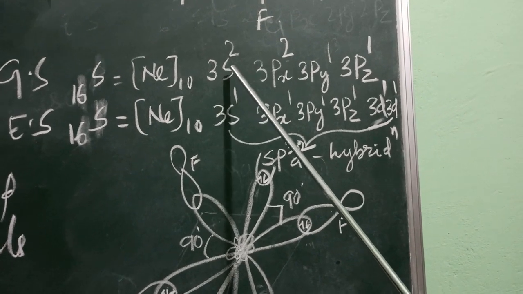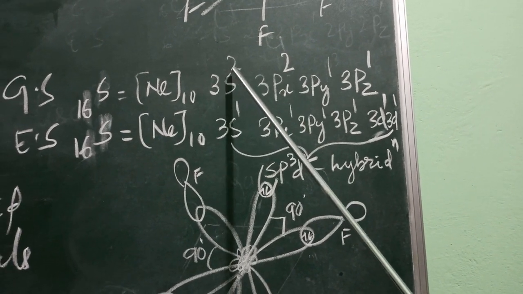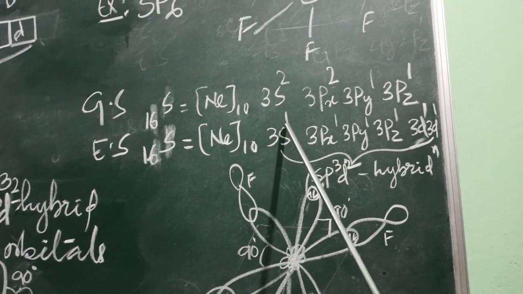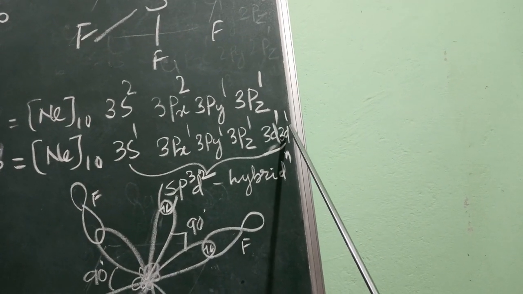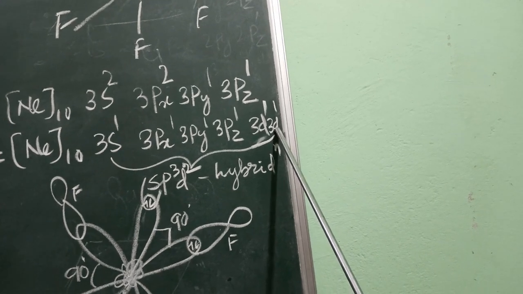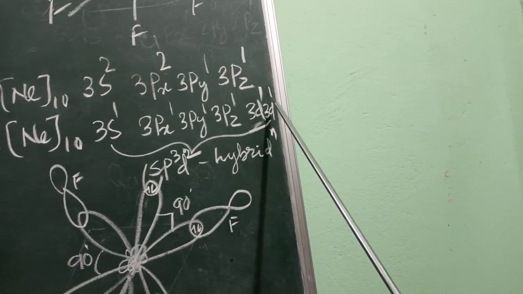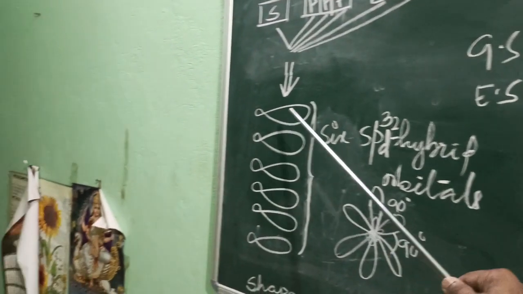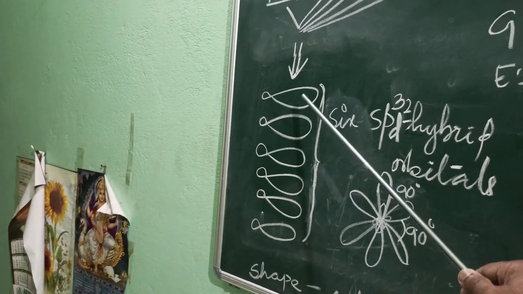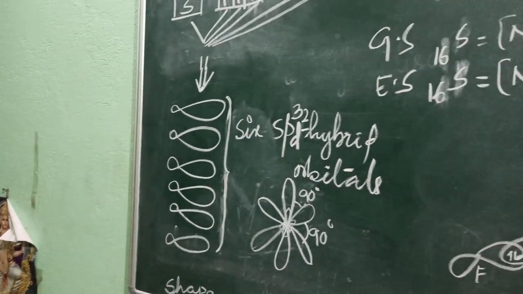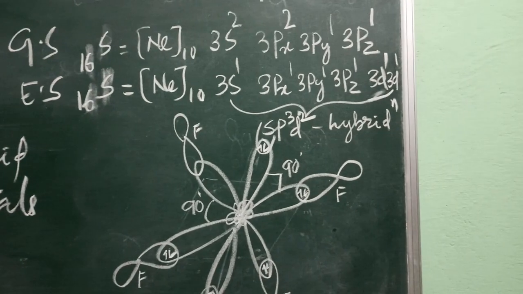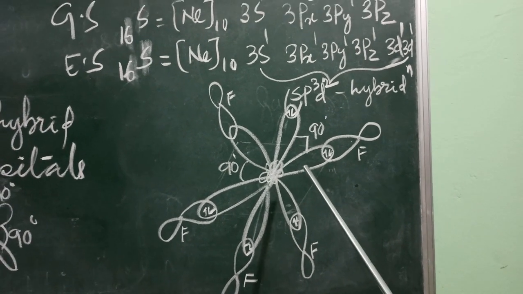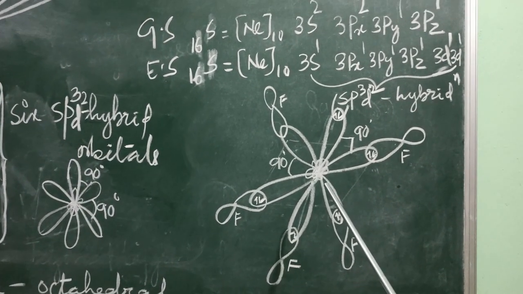Both 3s and 3p contain 2 and 2 electrons that can be excited to the vacant d orbitals. So, in total, these are 6 orbitals taking part in the hybridization like this. They are giving 6 sp3d2 hybrid orbitals, and here you see how the bonding takes place in sulfur hexafluoride.